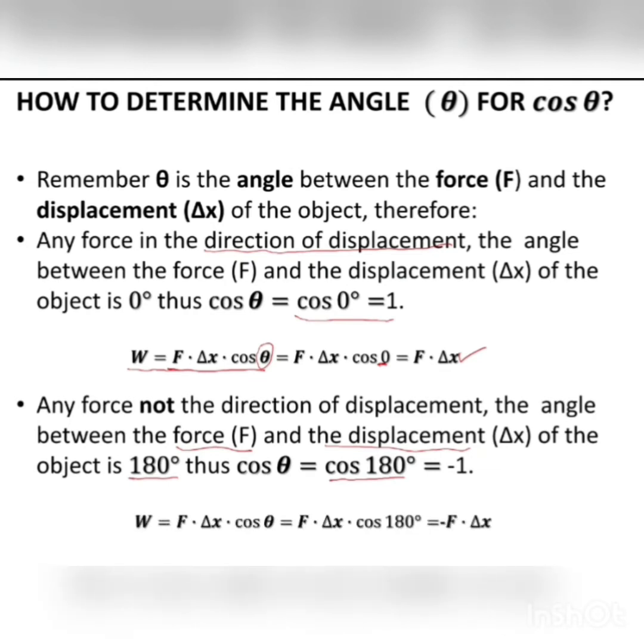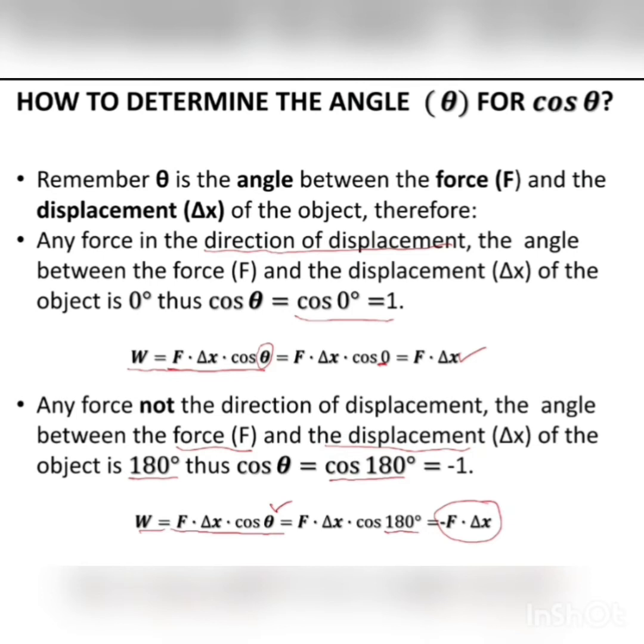Therefore, whenever we calculate work for a scenario where the force is applied in the opposite direction of the displacement, for theta we are going to substitute 180 degrees. Therefore, you are going to get negative F delta x, which is our displacement.